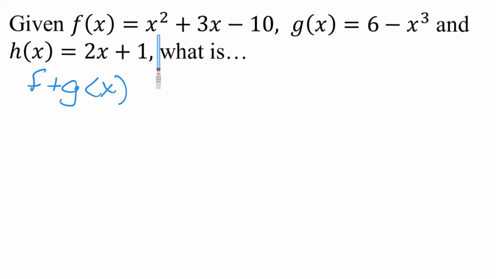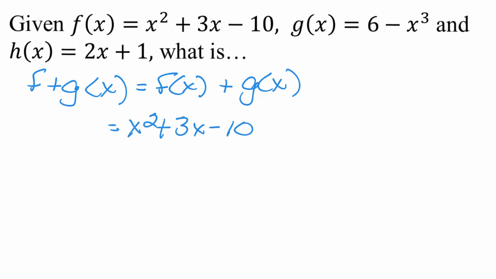Given f of x is x squared plus 3x minus 10, g of x is 6 minus x cubed, and h of x equals 2x plus 1, we're going to first look at what is f plus g of x, which in turn means that we're adding both functions, f of x plus g of x.